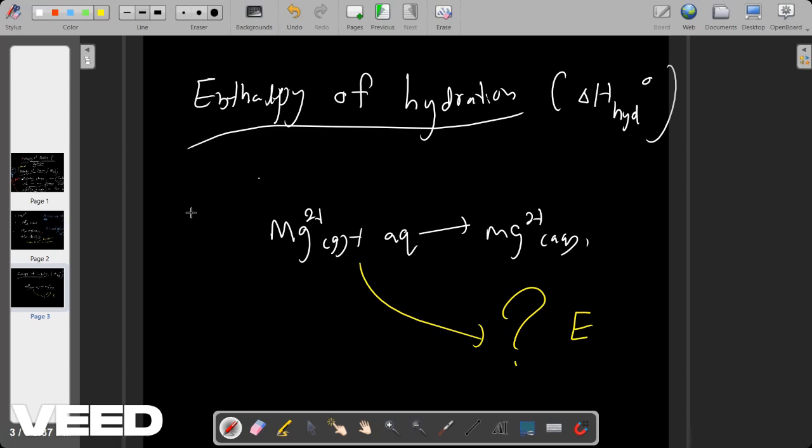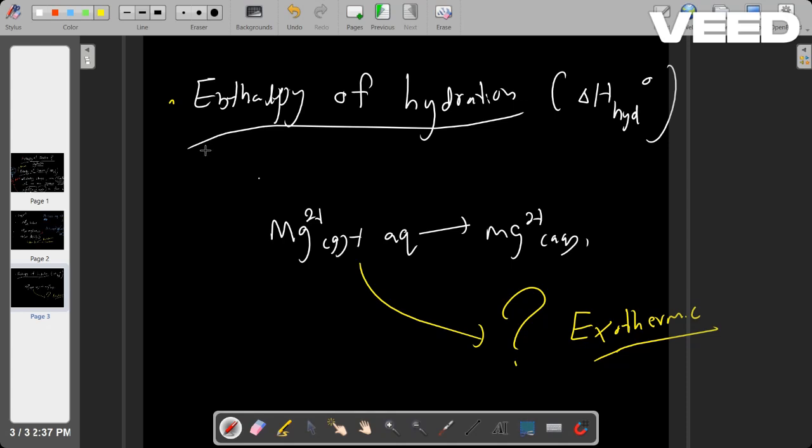There's no way to know whether it is endo or exo. But for this one, definitely exothermic. Likewise, some definitions of enthalpies are always exothermic, some are always endothermic, and for some you can't decide.